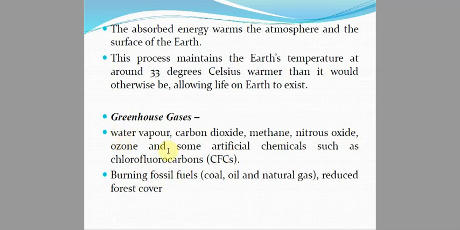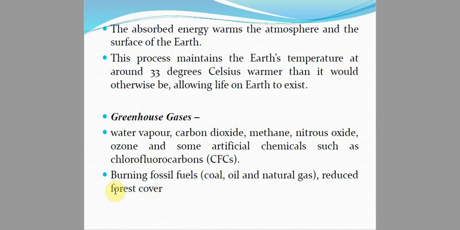So what causes the increase in these greenhouse gases? What is the reason behind the increase of these gases? Burning of fossil fuels, coal, oil, and natural gases, and reduced forest cover. So we can see that day by day we are using more fossil fuels, which sends more pollutants into the atmosphere, and the forest cover is also reducing because of the increase in infrastructural projects.